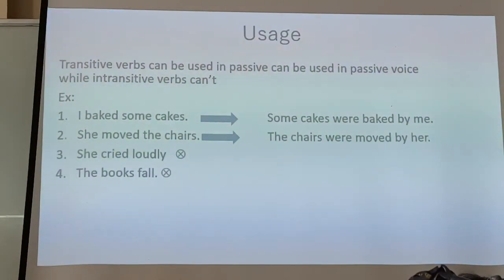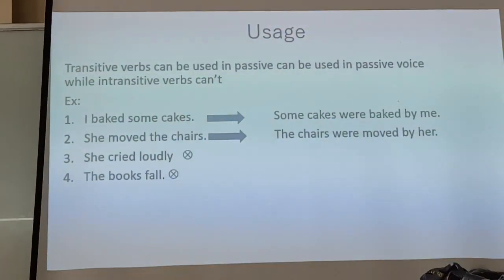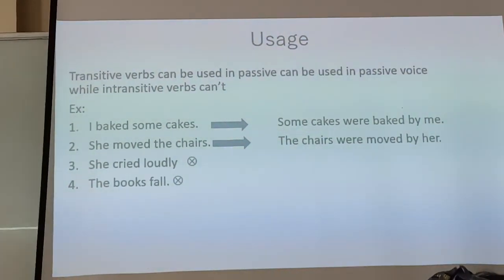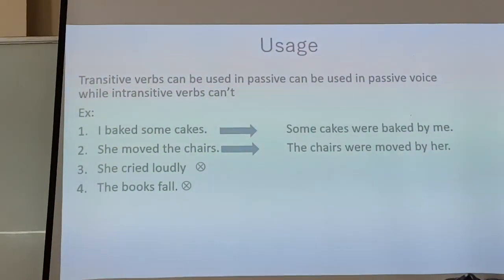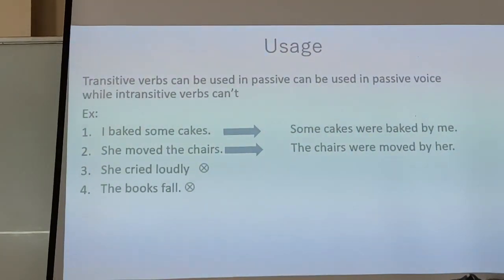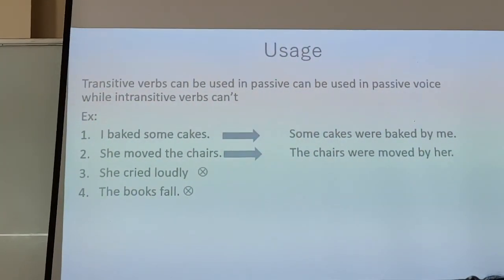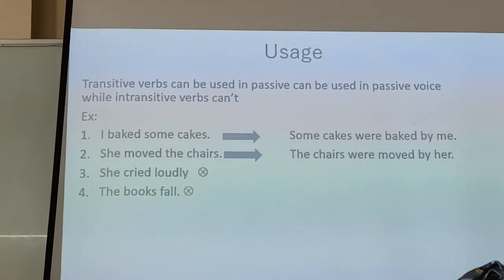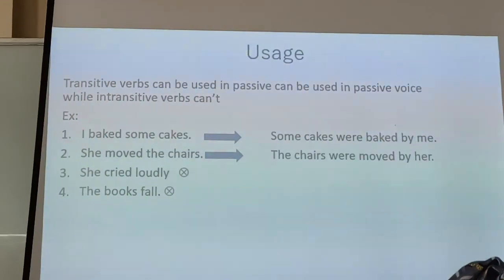So how do we use the transitive verb? You know, transitive verbs can be used in the passive form, while an intransitive verb can't. Example: I baked some cake. Some cake was baked by me. And she moved the chair. The chair was moved by her.